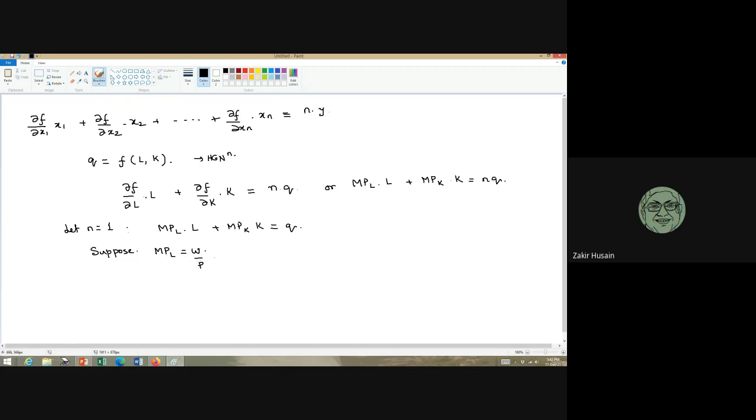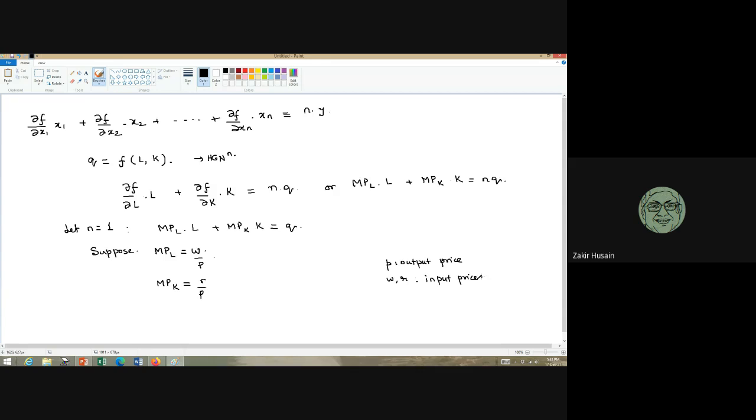So the optimizing condition for this is MPL is equal to W by P, and for capital, it is R by P. P is the output price, and W and R are the respective input prices.